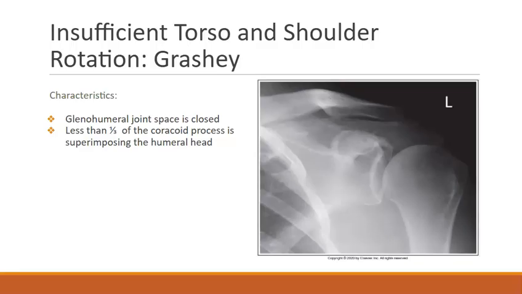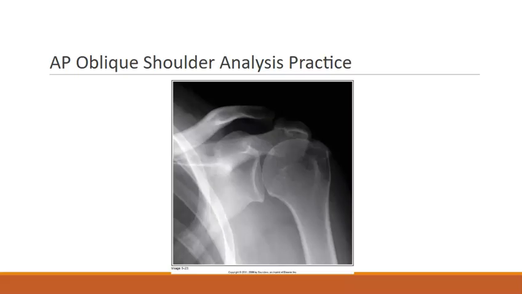This under-rotation results in poor demonstration of that joint space and compromises the diagnostic quality that we are aiming for. It is important that accurate patient rotation is achieved so that we can open that glenohumeral joint and properly demonstrate that shoulder anatomy. Go ahead and review this first practice analysis and answer the following question.